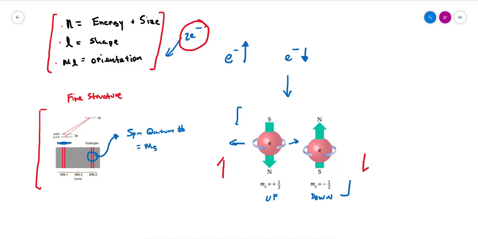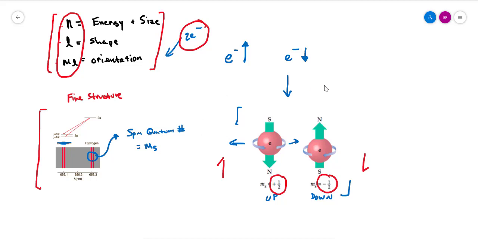What that allows us to have is each of these electrons, even though they share the first three quantum numbers identically because they're in the same subshell with each other, that last fourth quantum number here is different. And that means that those two electrons don't have the same set of four quantum numbers.